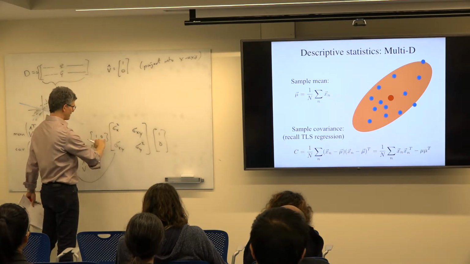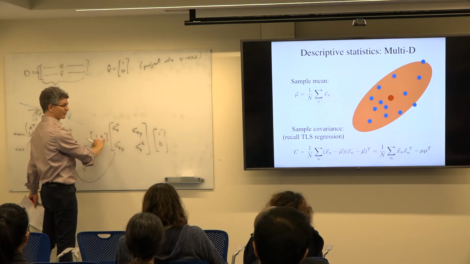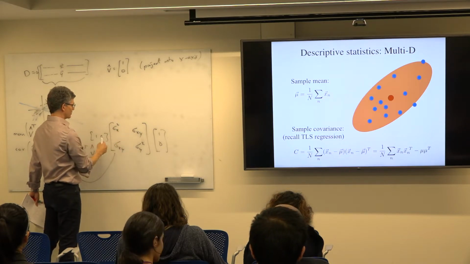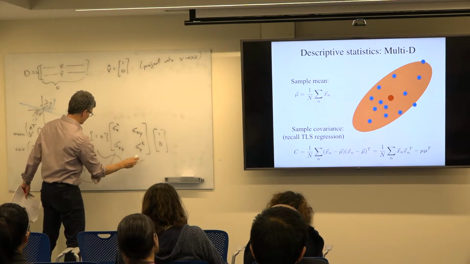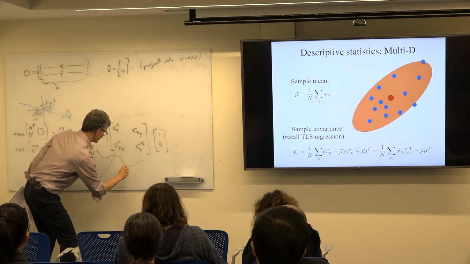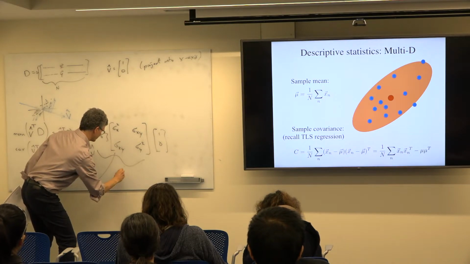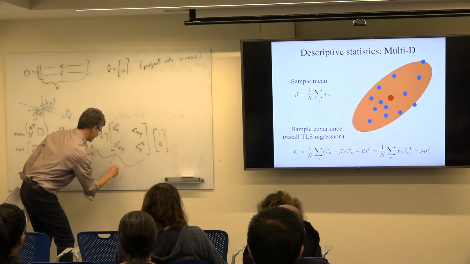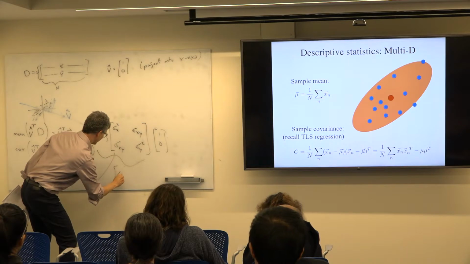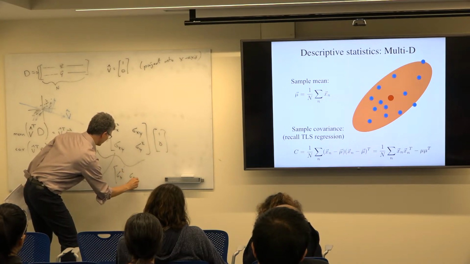And then I multiply the next column by this, take another dot product, and I get the sigma xy. So the product of these two is a vector. I guess it's a row vector, which is sigma x squared and sigma xy.